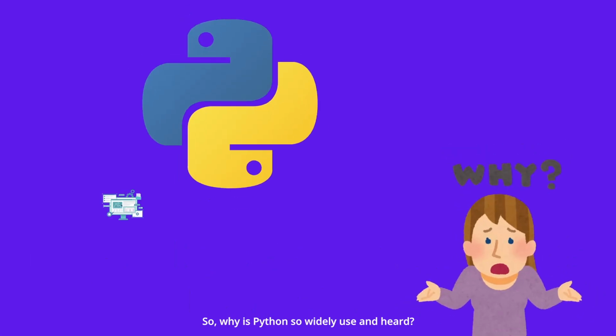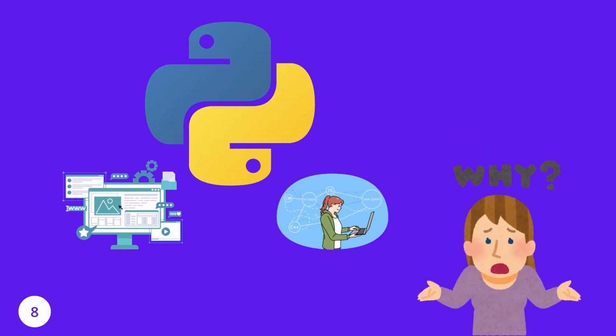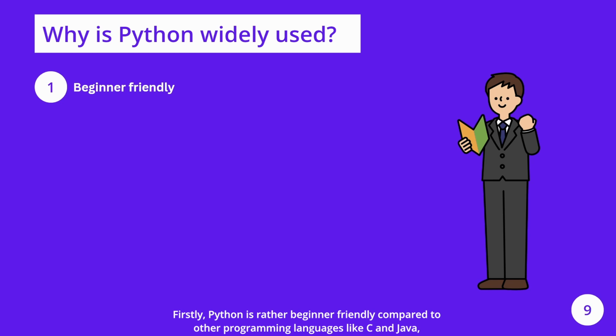So why is Python so widely used and heard? Firstly, Python is rather beginner friendly compared to other programming languages like C and Java, which at the start contain syntax that are not intuitive for beginners.